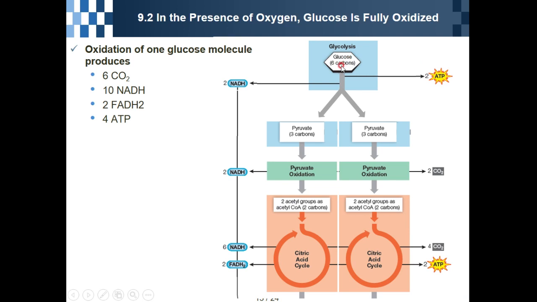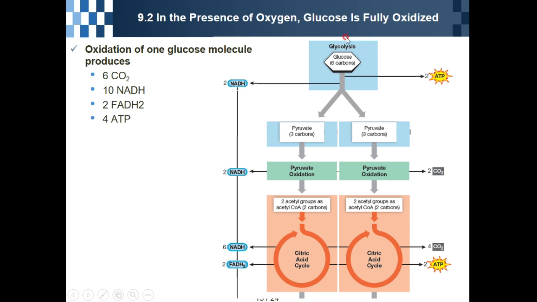Okay, so after glycolysis, 1 molecule of glucose is changed to 2 molecules of pyruvate. During the pyruvate oxidation, each pyruvate oxidation, CO2 is synthesized, and also it will make the NADH. 2 NADH is synthesized.